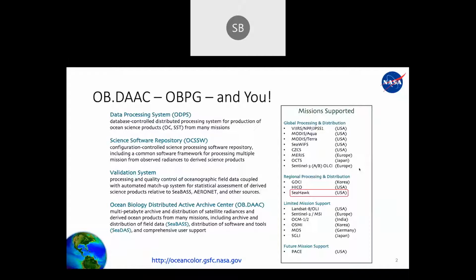In the future, we will also be providing to you data from the PACE mission.